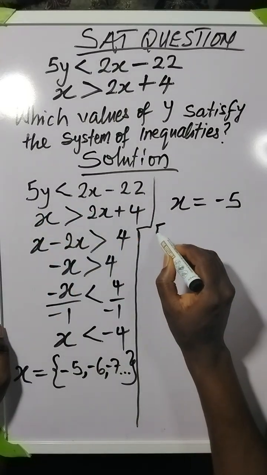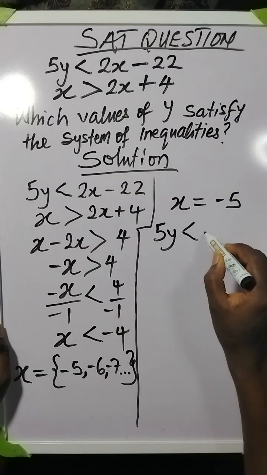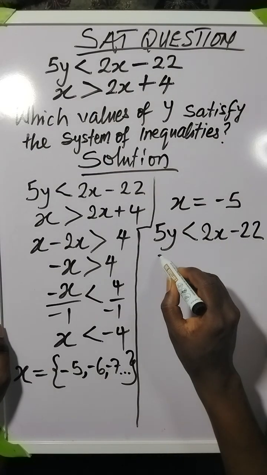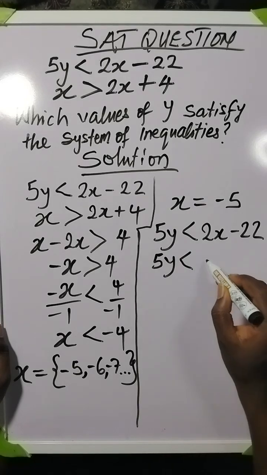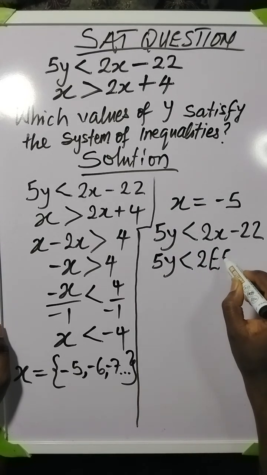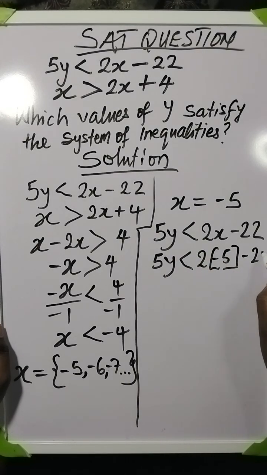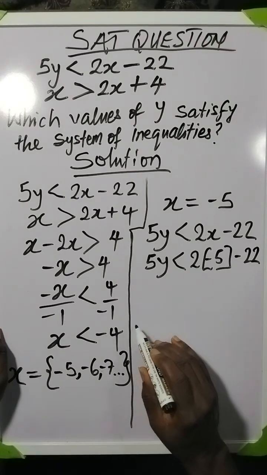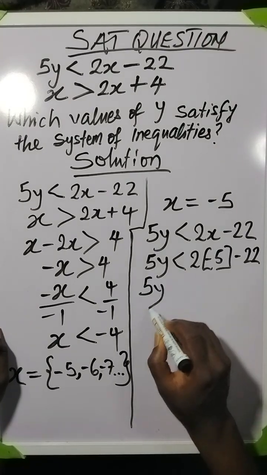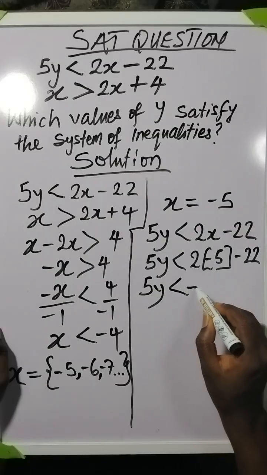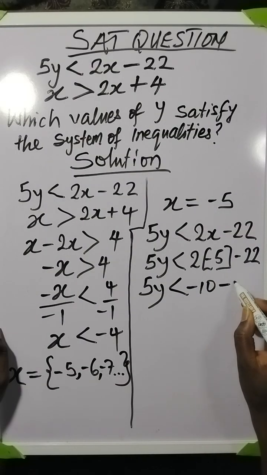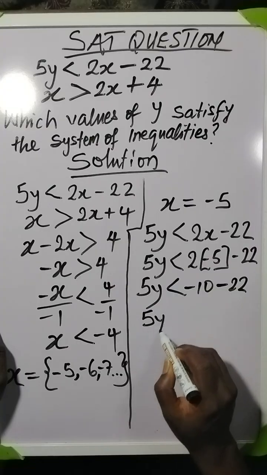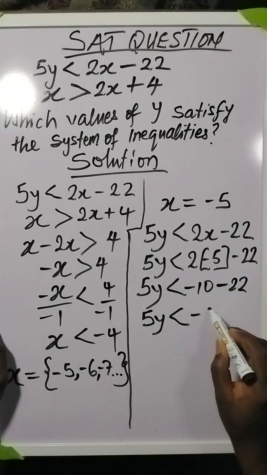So I have 5y is less than 2x minus 22, and then this will be 5y is less than 2 times -5 minus 22. So what I have is 5y is less than -10 minus 22. So this will be 5y is less than -32.